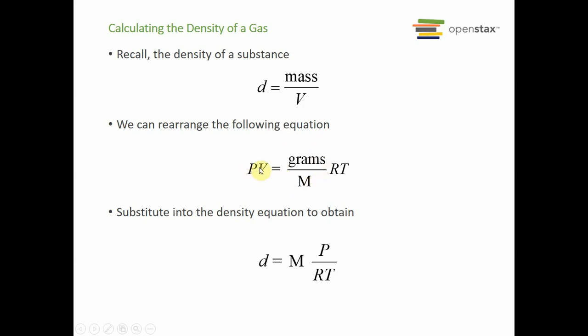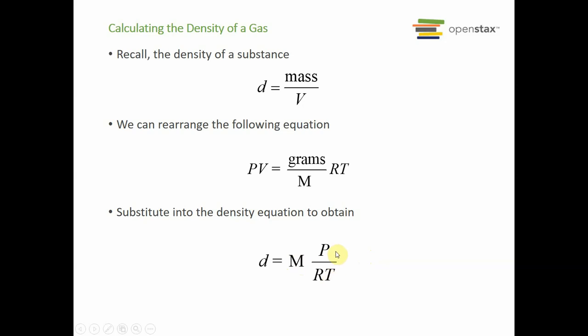So the pressure times the volume equals the number of moles times RT. If we substitute the density into the equation, we get the density is equal to the molecular weight times P divided by RT. Note, we can also turn this around to be RT times the density divided by pressure is equal to the molecular weight.